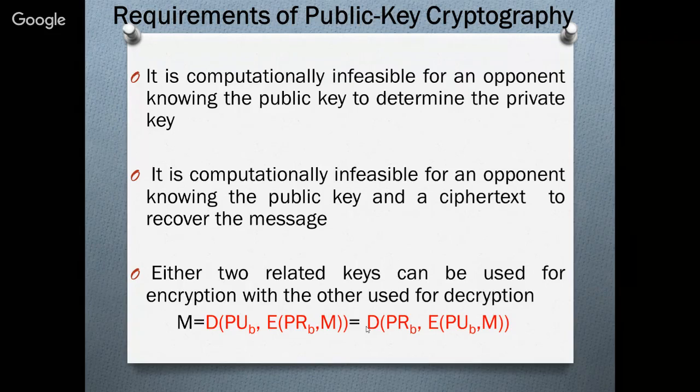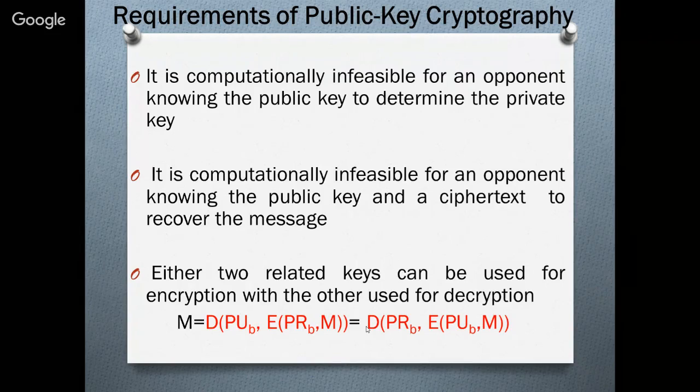It's also very difficult for any third person to recover the message by knowing only the public key and the ciphertext. By having these two pieces of information, it's very difficult to recover the plaintext.